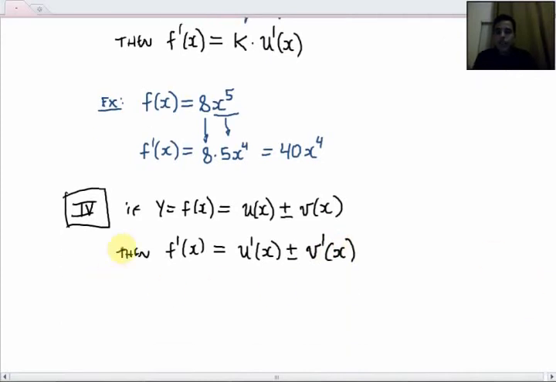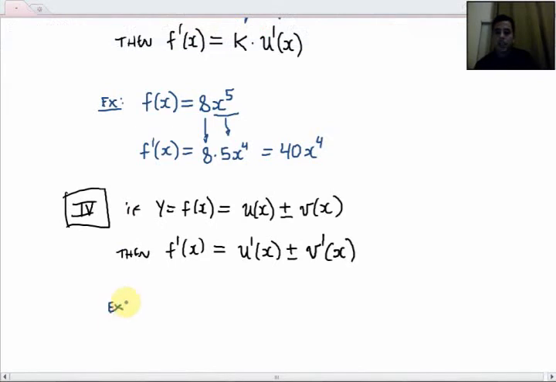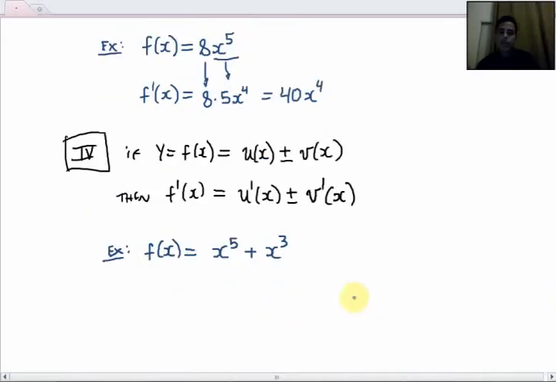Okay, so let's do an example here. Let's say now I have f of x equals x to the 5th plus x cubed. Well, according to this, it doesn't matter if you have a sum or a subtraction. Take the derivative of the first one, take the derivative of the second one, and you add or subtract.